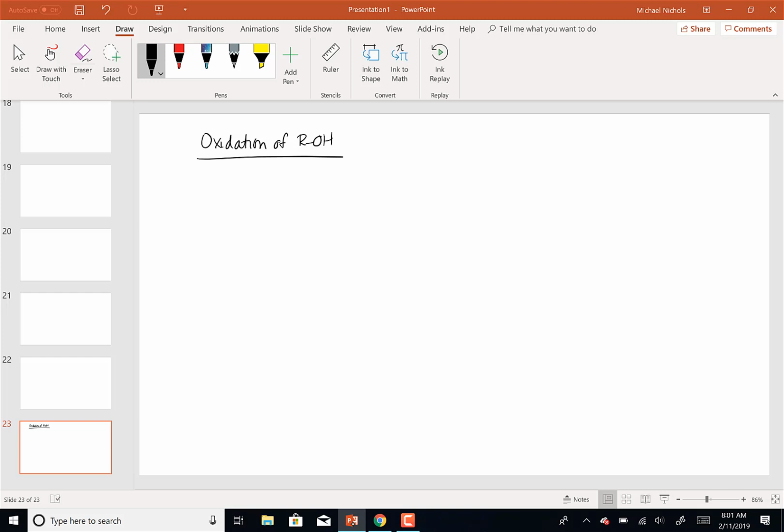So in our oxidation schemes, we have a primary alcohol can be oxidized, and brackets with an O means it's a generic oxidation. That can be oxidized to an aldehyde, and then the aldehyde can be further oxidized up to the carboxylic acid.